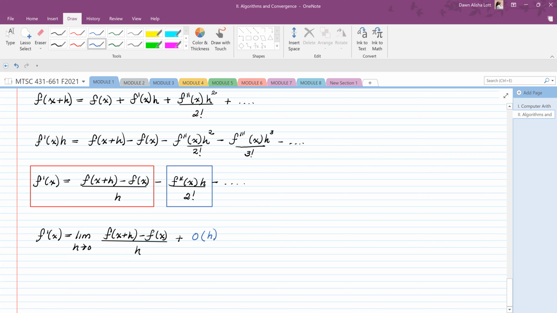In other words, it's relative to what h is. So whatever I have in for h, that's what my error is going to look like. Okay, so my error looks like h. So if h goes down by a half, my error should go down by a half.